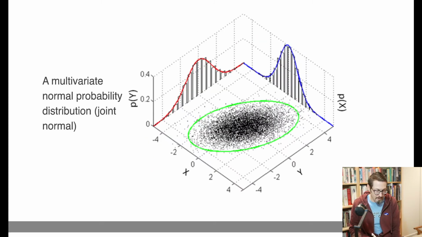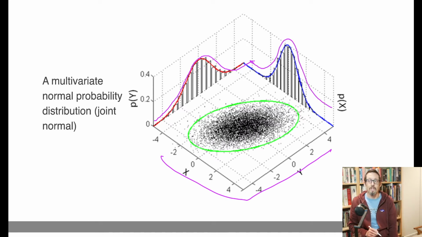Right? If we're doing multiple regression where we have x's and y's, then we have to have a Gaussian for each one of these. So if we are just doing a single variable, then that variable has to be Gaussian. If we're doing multiple variables, all the variables have to be Gaussian, right?